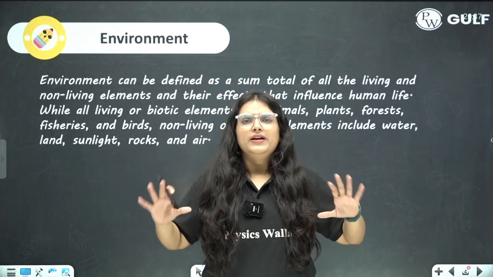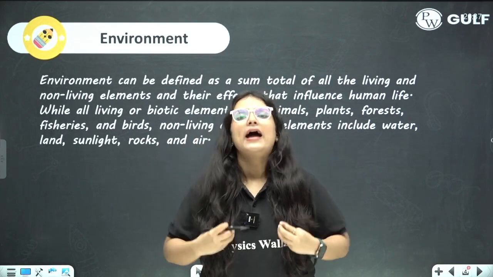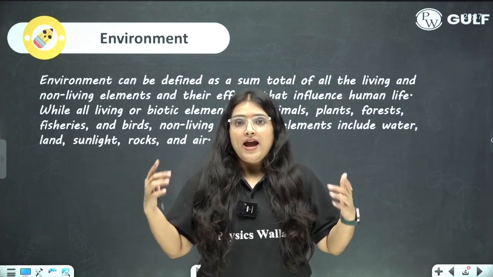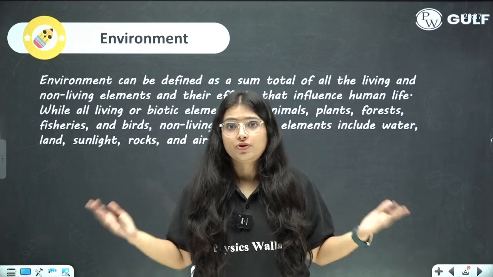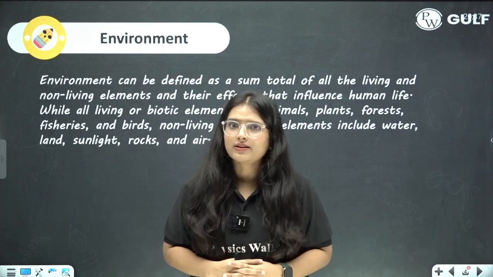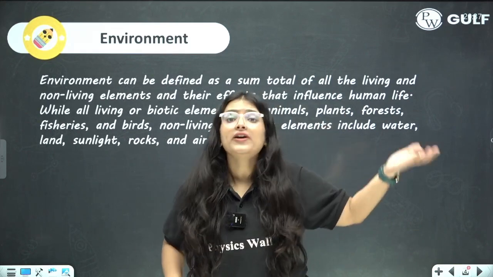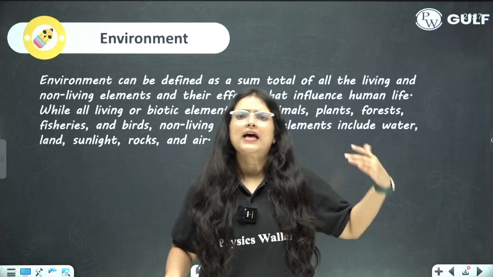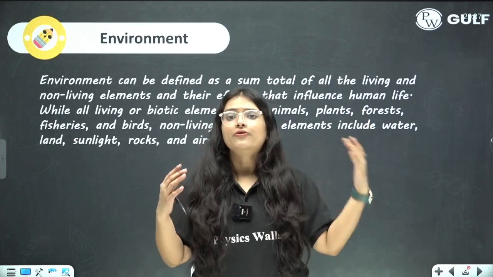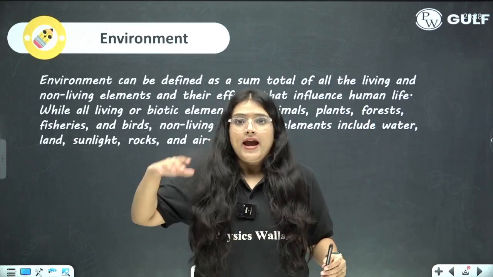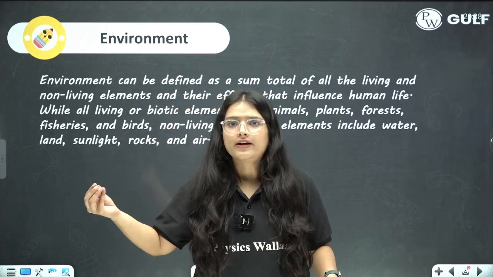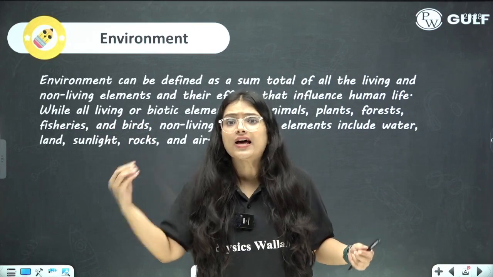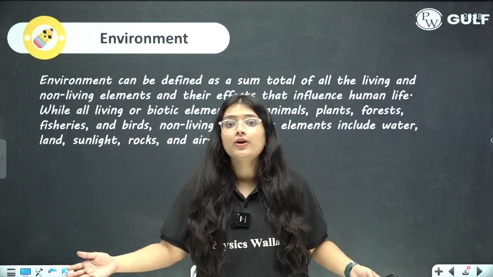Suppose in an environment, I am an organism. Everything around me, everything surrounding me is actually our environment. It could be any living component, like bacteria, fungi, birds, animals, your parents, your relatives, your friends, or it could be any non-living component like air, water and many other things, the sunlight, the stone, the river body.